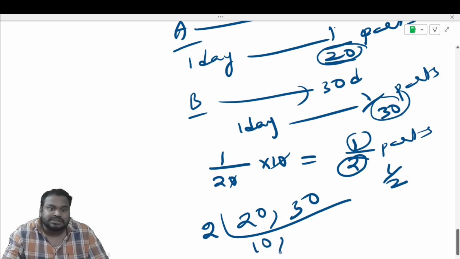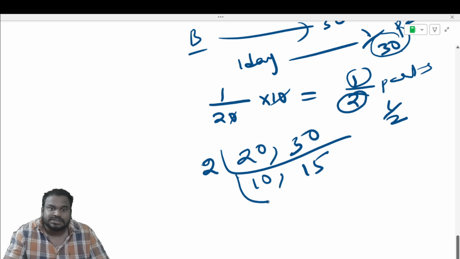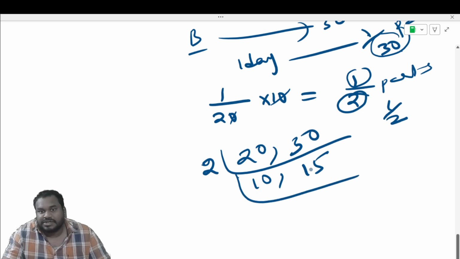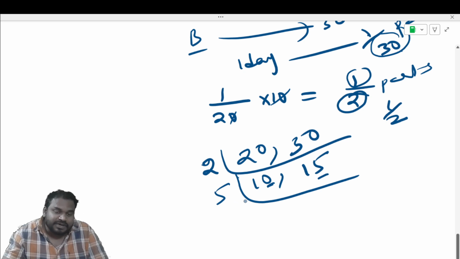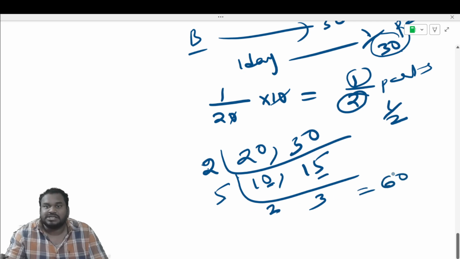That is 2: 2 tens are 20, 2 fifteens are 30. Next, what is the next number that divides both of them? 5, because any number ending with 0 is divisible by 5, and any number ending with 5 is also divisible by 5. So 5 fours are 20... 5 twos are 10, 5 threes are 15. Now you just multiply all of them. 2 fives are 10, 10 twos are 20, 20 threes are 60. 60 is the LCM for them.